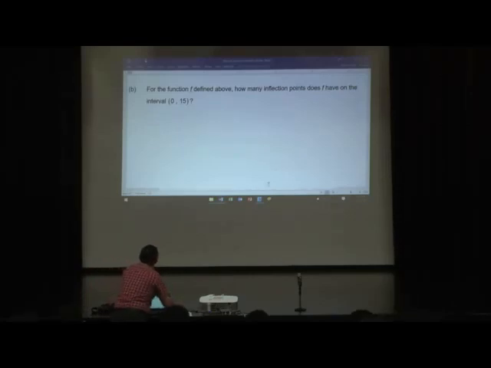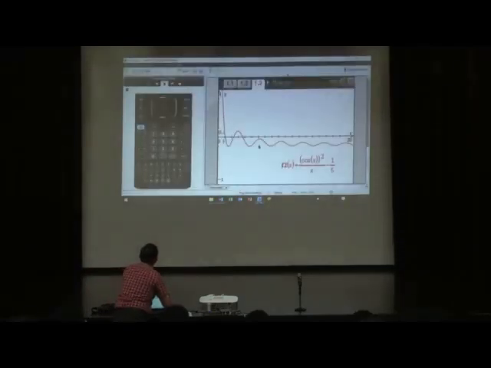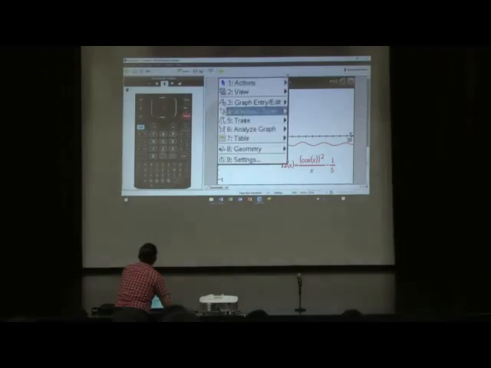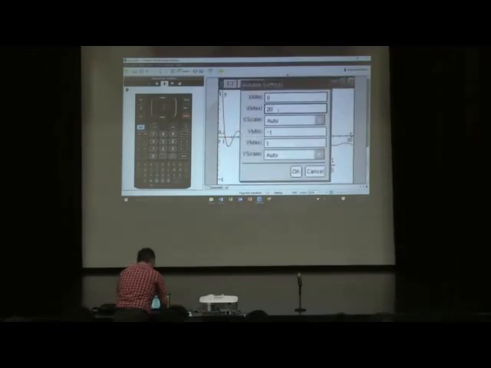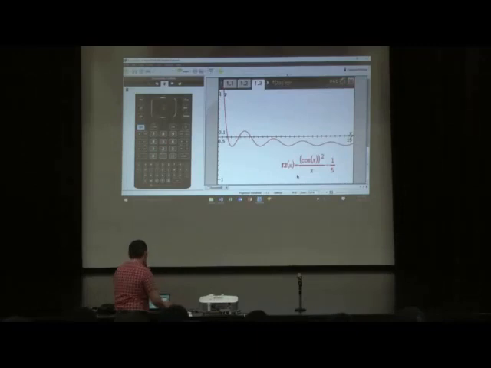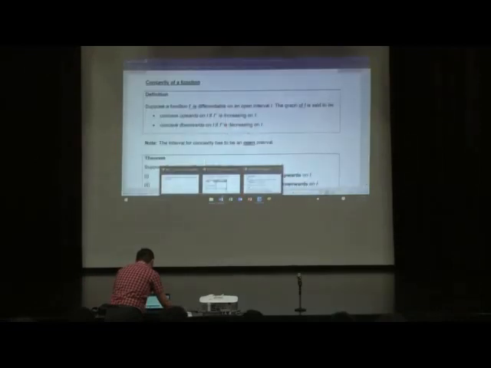You just readjust the window. Let me see. Menu, and the window settings. Then press OK. So just recall this in your notes.